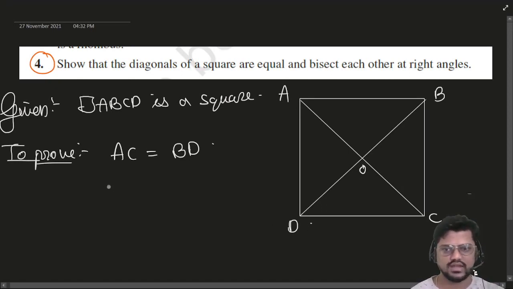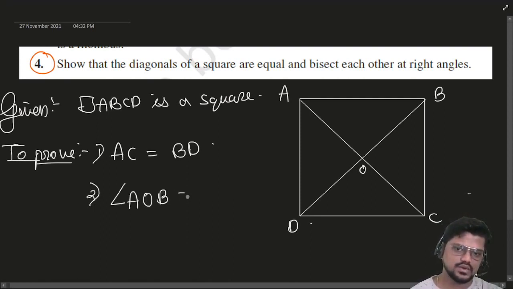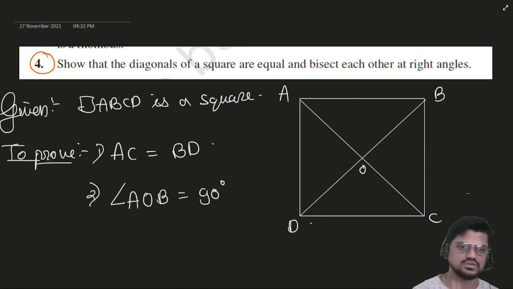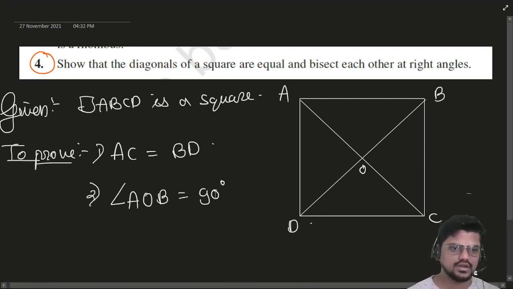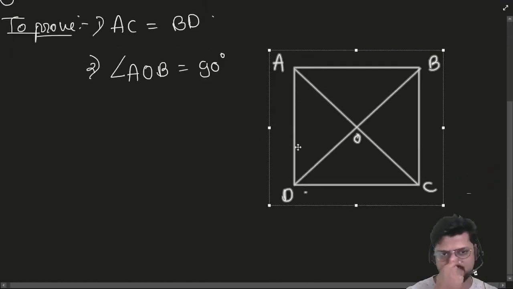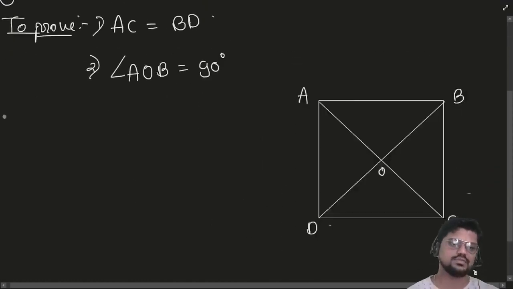Any one angle, if it is 90 degrees, all of them will be 90 degrees. Those are the two things you need to prove. Now let me take this square below to write the proof.